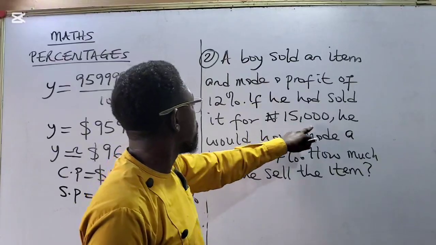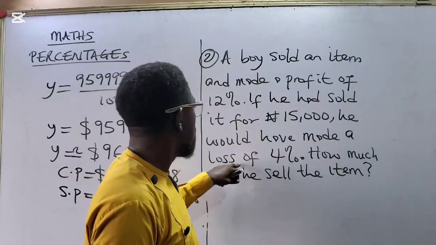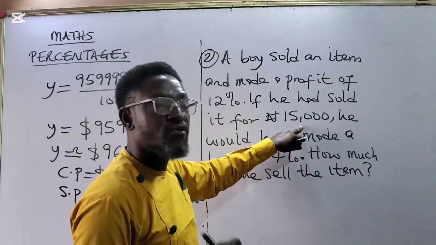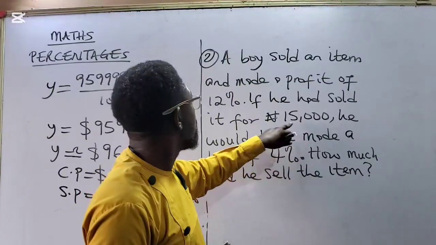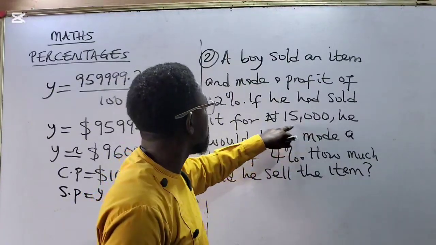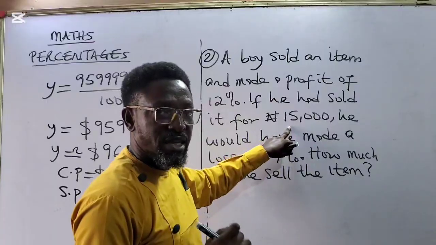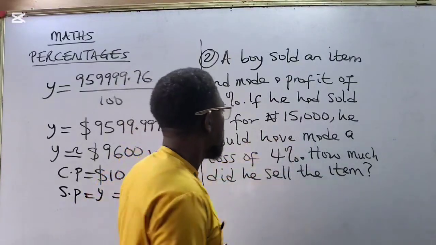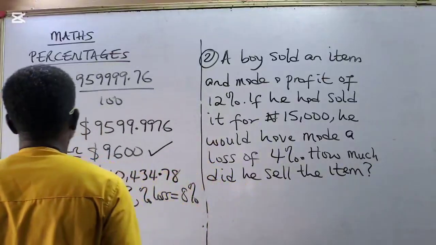If you calculate and get something below 15,000, that means your answer is wrong. So let's see how we approach that question.